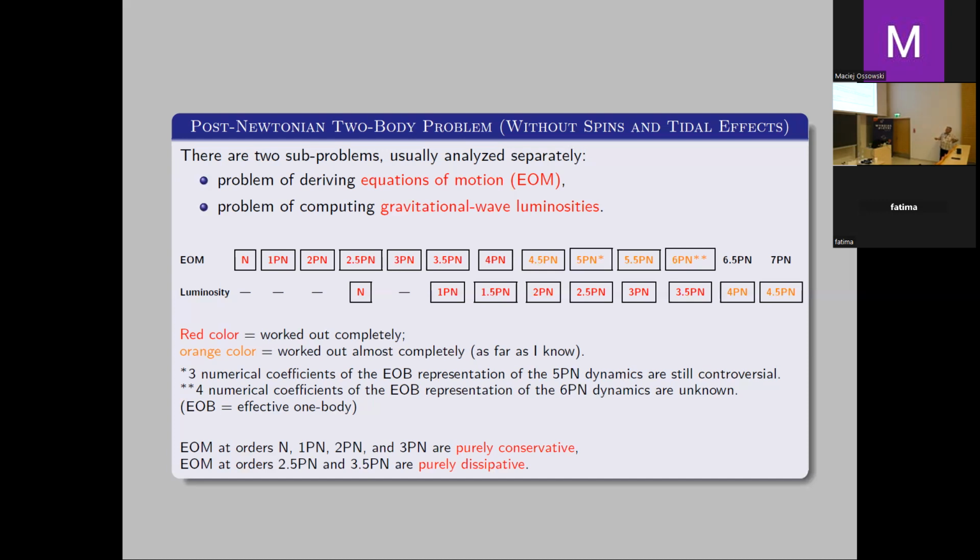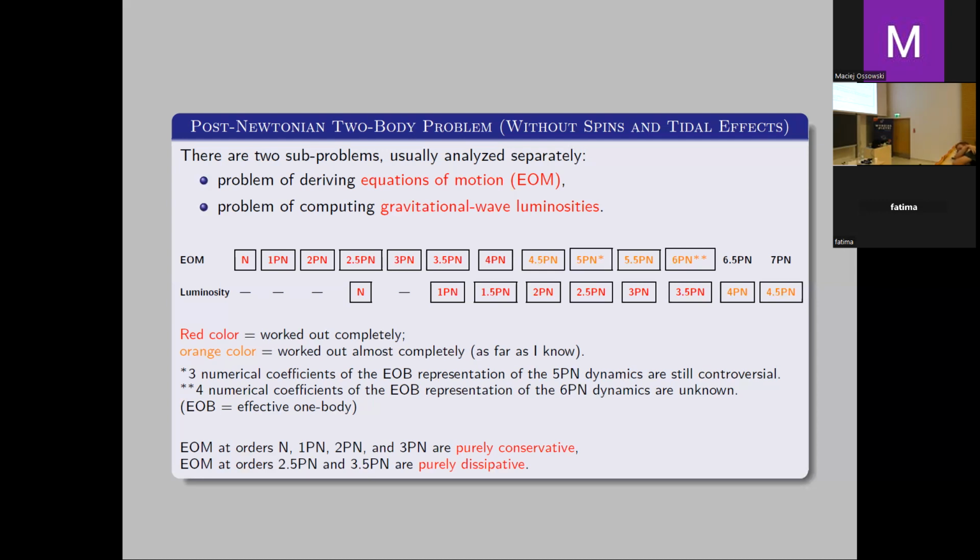Okay, now luminosity. Luminosity starts from the Newtonian leading order quadrupolar formula. Why is it related to 2.5PN? Because of course, if you know the equations of motion, you know all. If the system is radiating gravitational waves, the back reaction changes the orbital motion of the system.